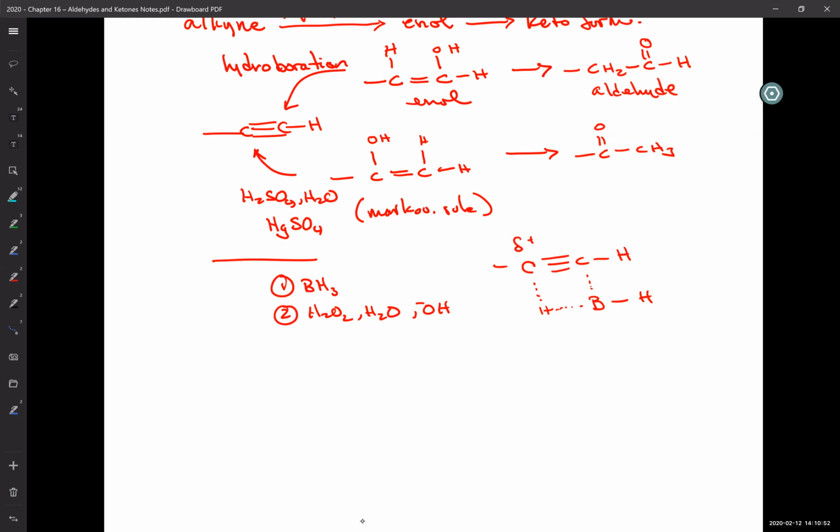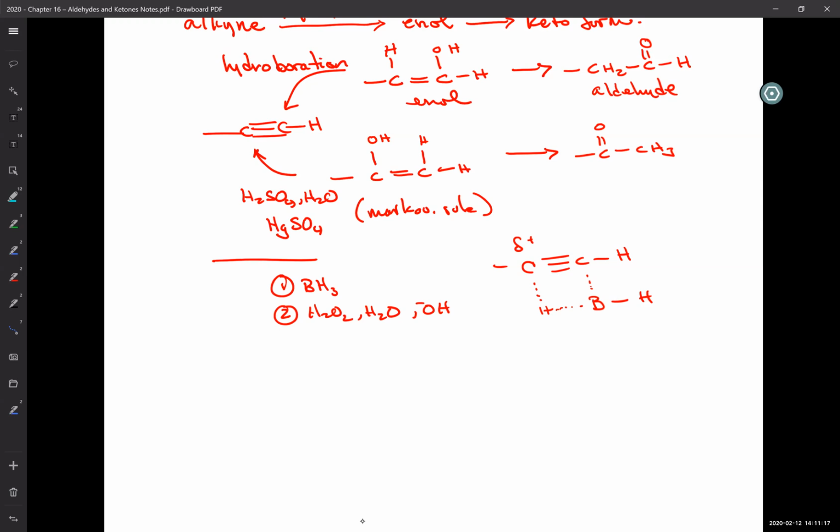But the other reason it works is because of sterics. When they do this hydroboration on alkenes, it works well because the alkene is bent and has more shape to it. Alkynes are linear, so the sterics aren't as important because it's a straight segment of the molecule.